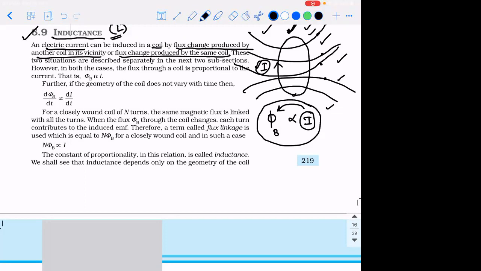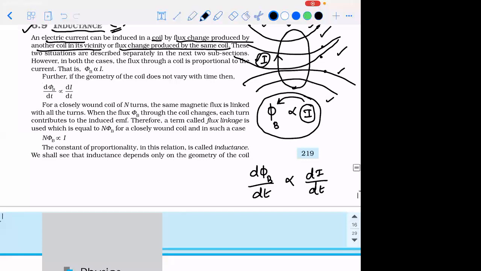So from this, can I write that the change in magnetic flux with respect to time is directly proportional to the rate of change of current? Isn't it directly proportional to dI by dt? Yes, sir. So that is the statement given here. The flux through a coil is directly proportional to the current.